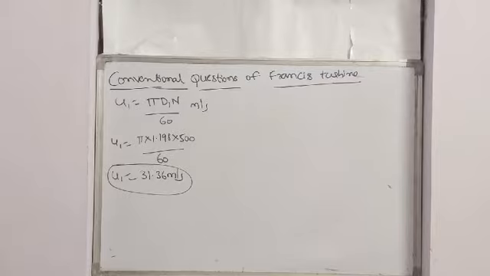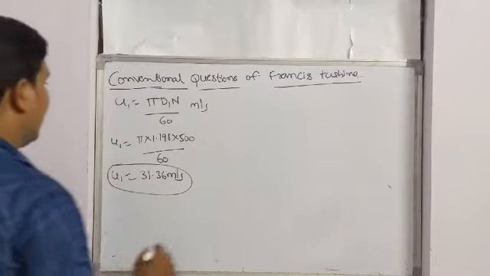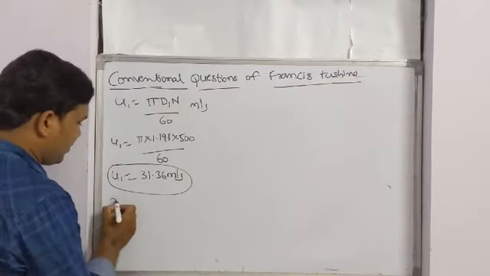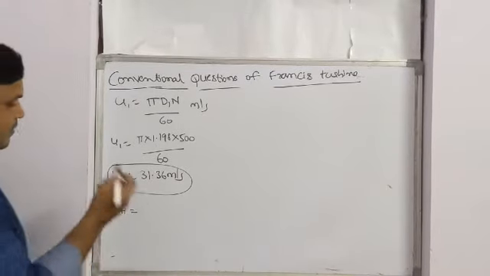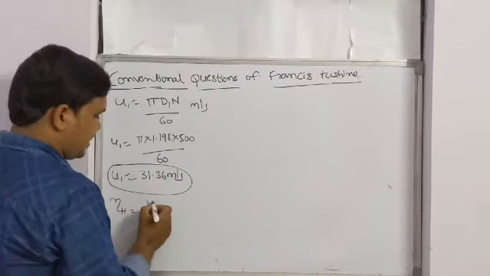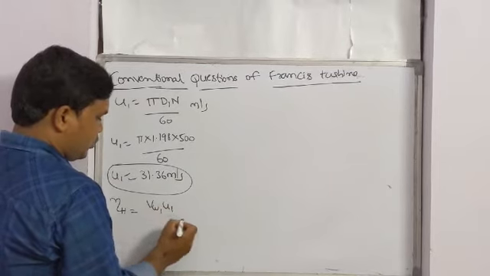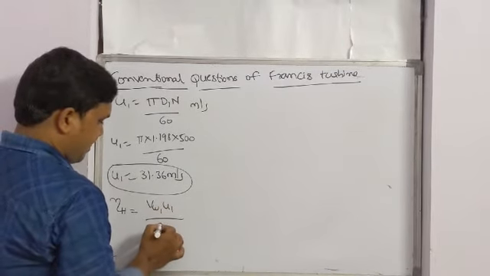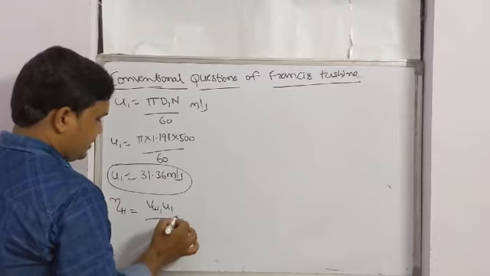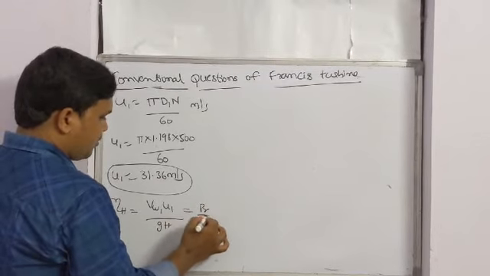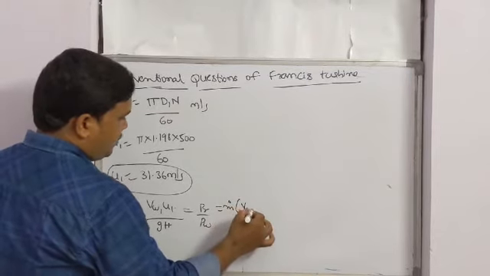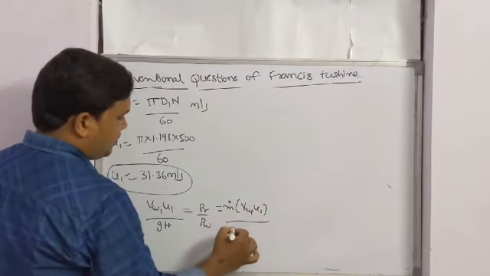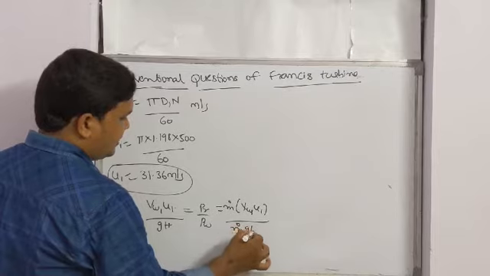Then we have to find out VW1. How do we find VW1? From hydraulic efficiency or overall efficiency we can find it. Hydraulic efficiency is VW1 U1 by G into H. Hydraulic efficiency is nothing but runner power by water power. Runner power is m dot VW1 U1, water power is the potential energy m dot G H, so m dot gets cancelled.